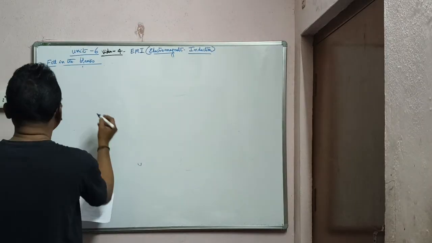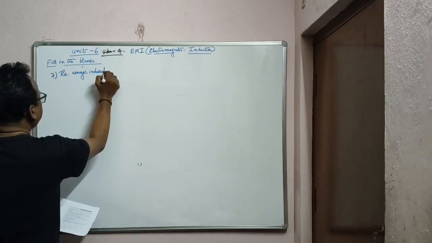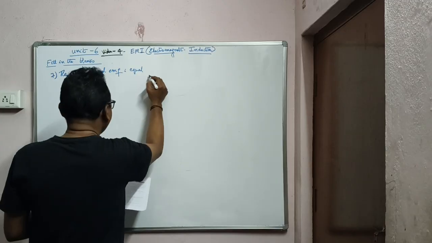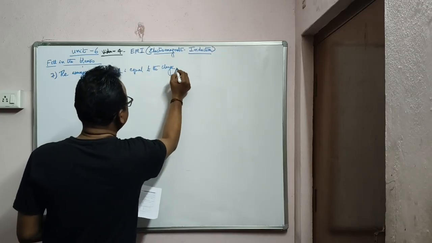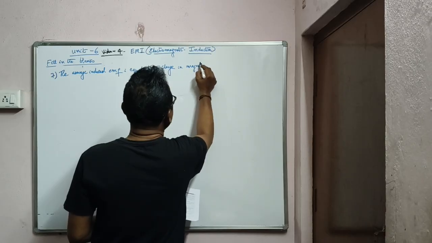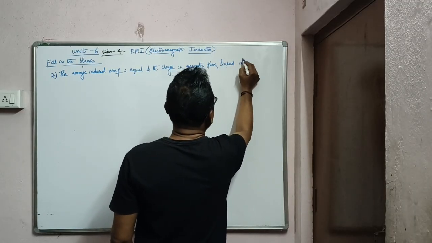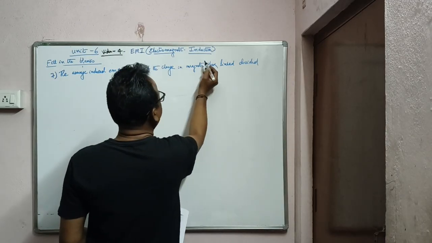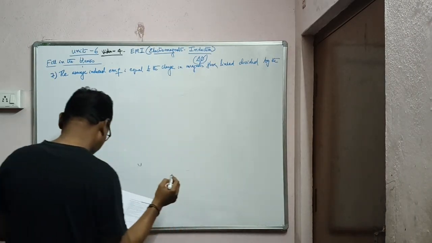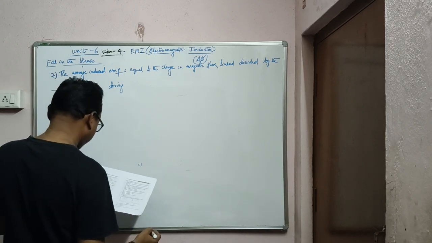The 7th one. The average induced EMF is equal to the change in magnetic flux linked divided by the dash during which the change takes place.